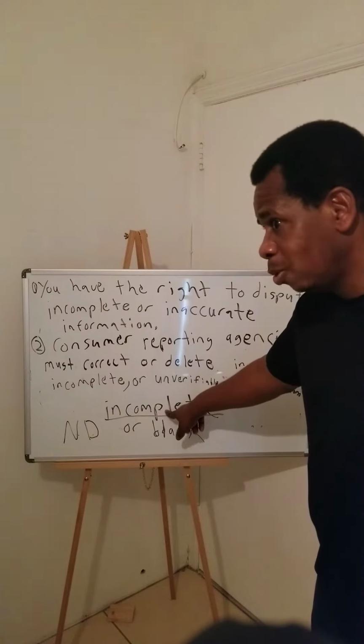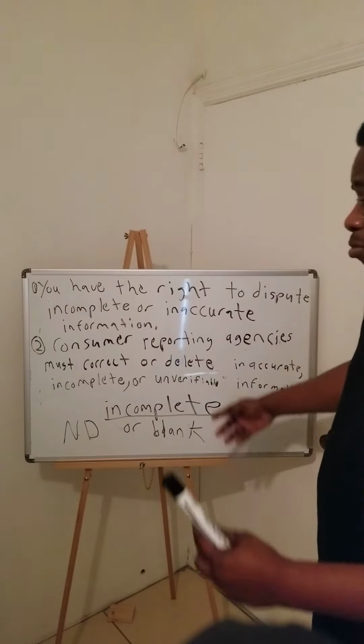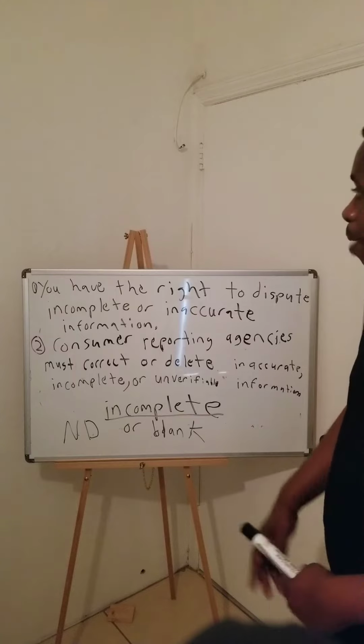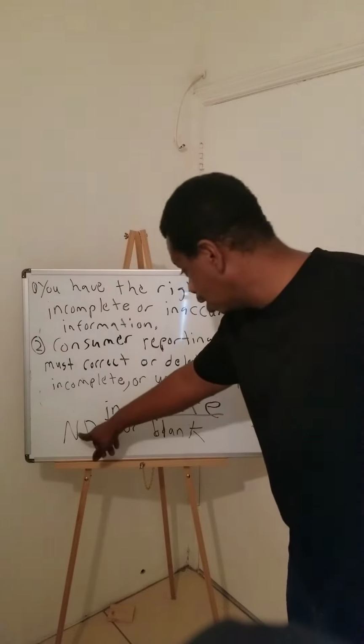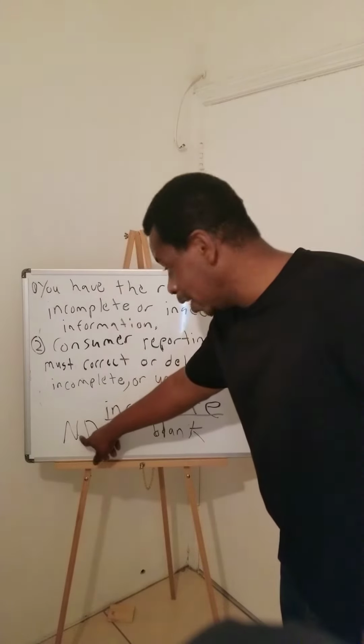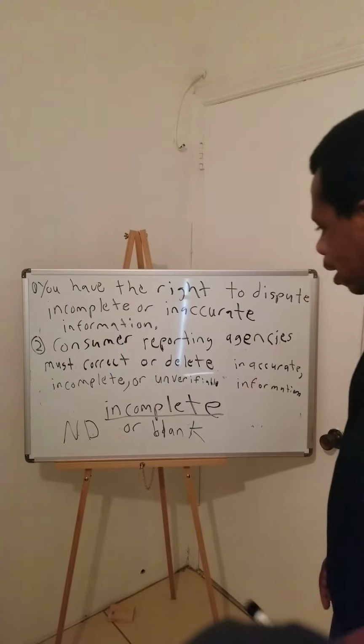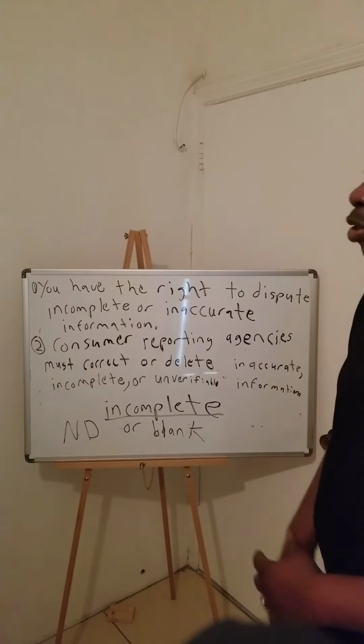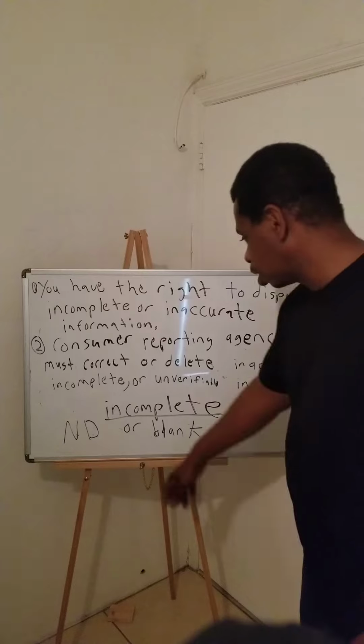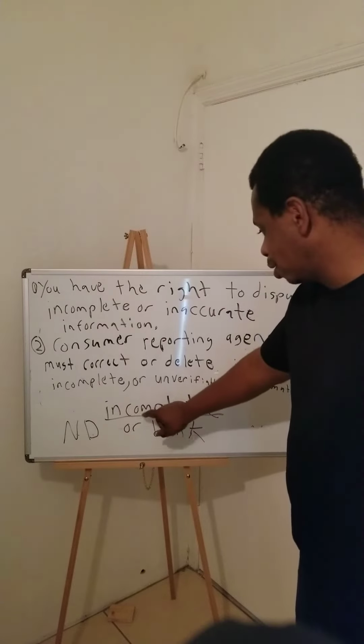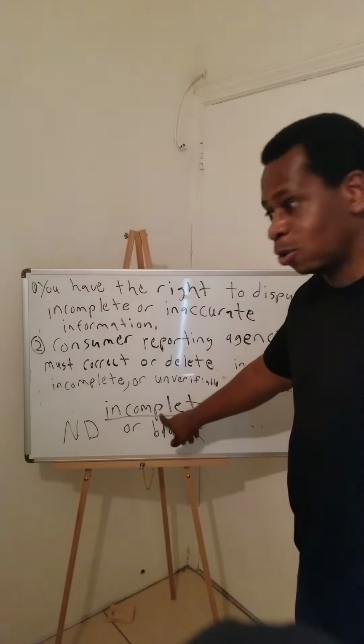So all you do, you write a dispute letter saying that, let's say it's payment history. Let's say you see a payment history, you see this date, ND or no data. Well, you can write on July 2019, I dispute it because it's incomplete, it shows no date or says no data.